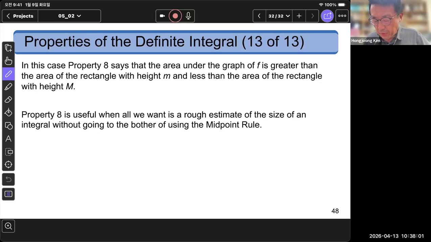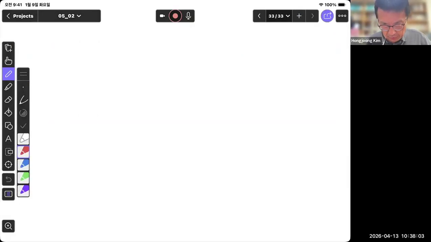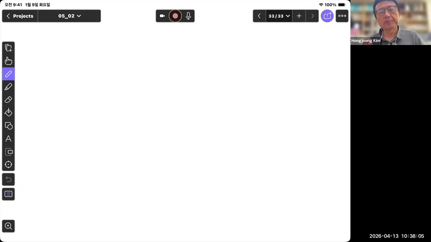Okay, so let me summarize what we observed so far. If I integrate a constant c from a to b, that will be c times b minus a.